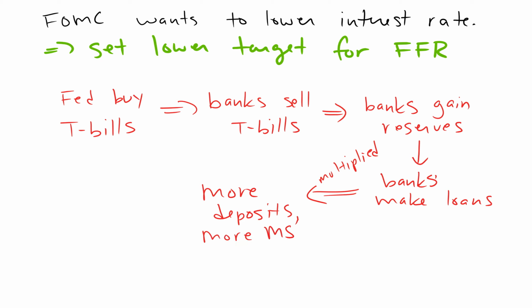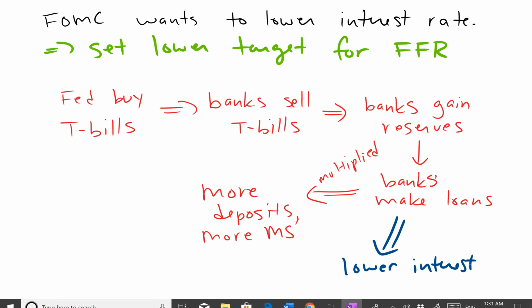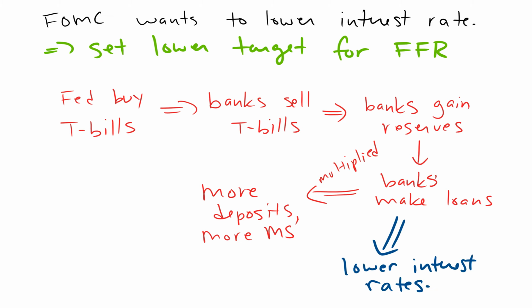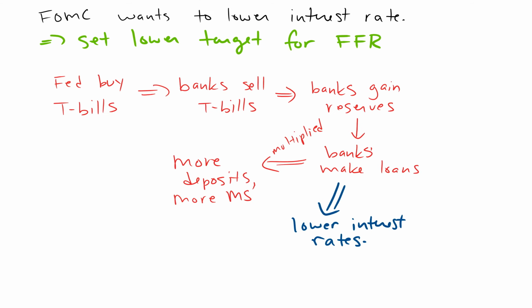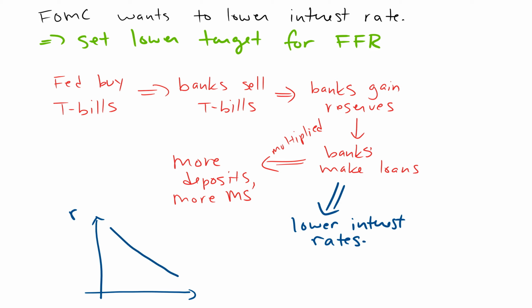But the other thing that we have here is we have more loans, and we're going to get lower interest rates, right? So you can say the supply of loans has increased. If this is a market for making loans, and this is the interest rate, sometimes we use R here, and this is the demand for the loans, now because banks have more reserves, the banks can make more loans.